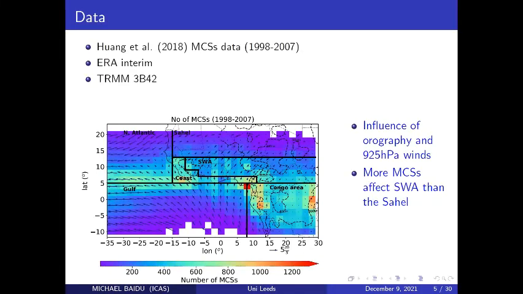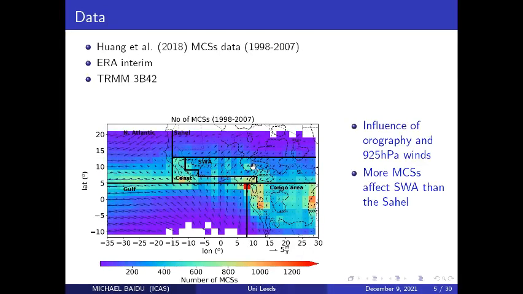We have overlaid the 925 hectopascal winds, or the surface winds, and also shown in contours the orography, at about 400 meters and 800 meters above sea level.